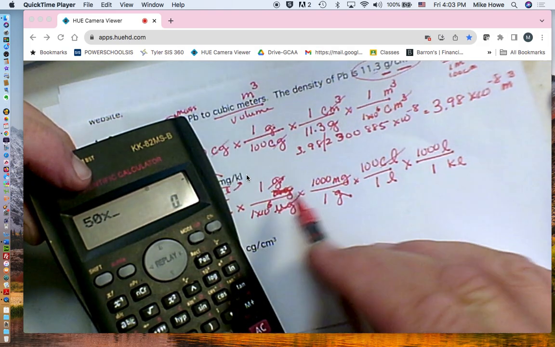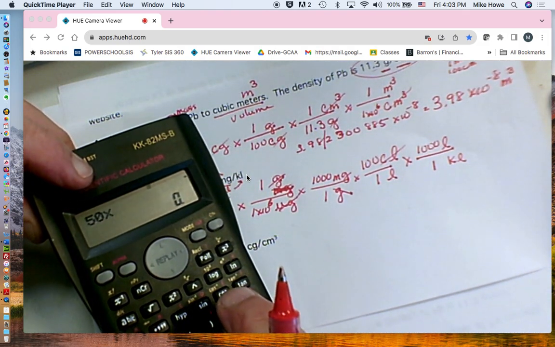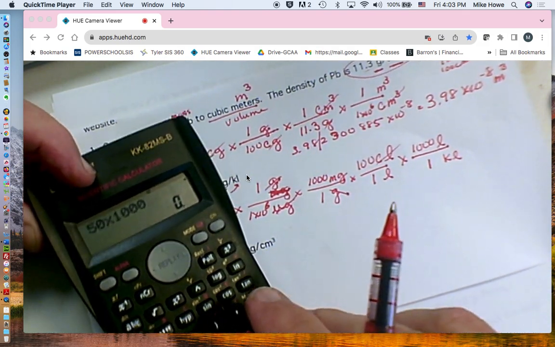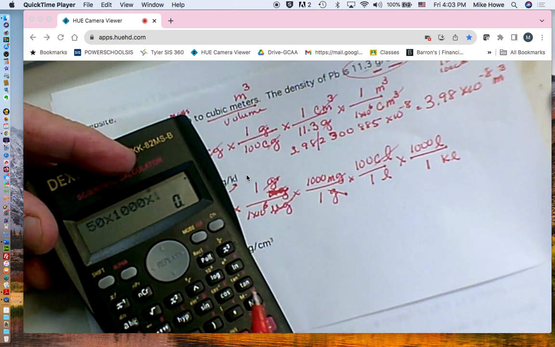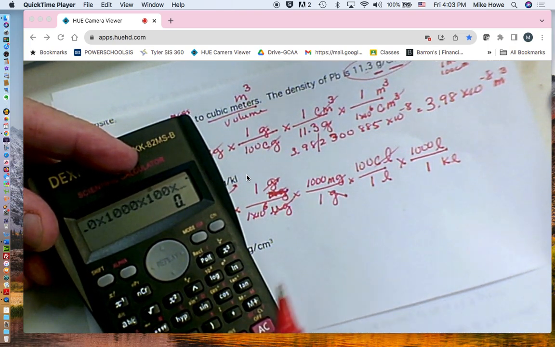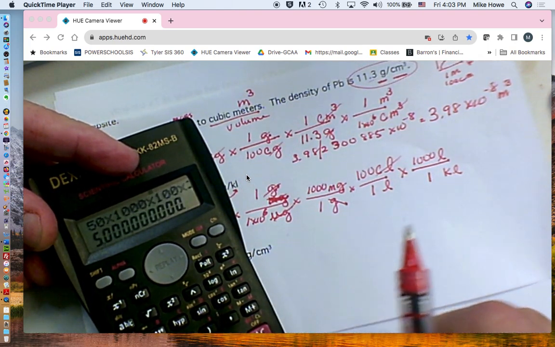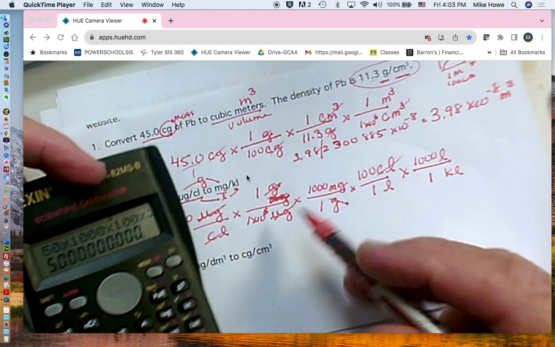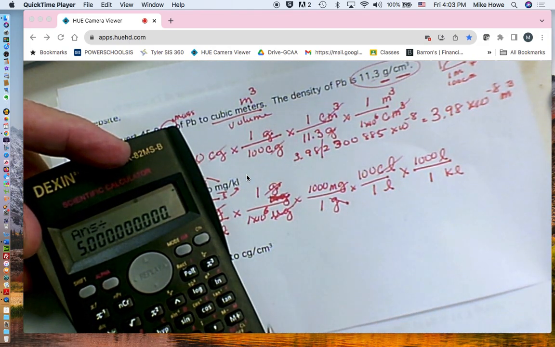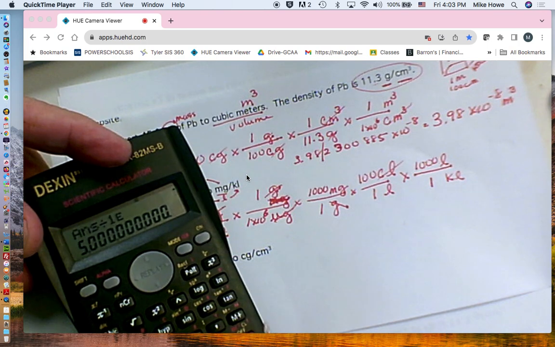I'm skipping the 1 because it's just 1. Then I get that number and divide by 1,000,000.